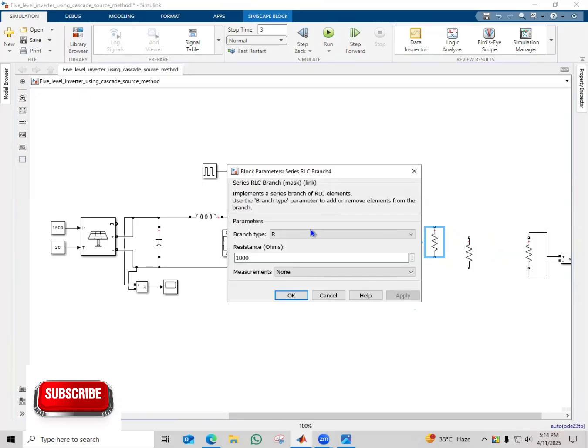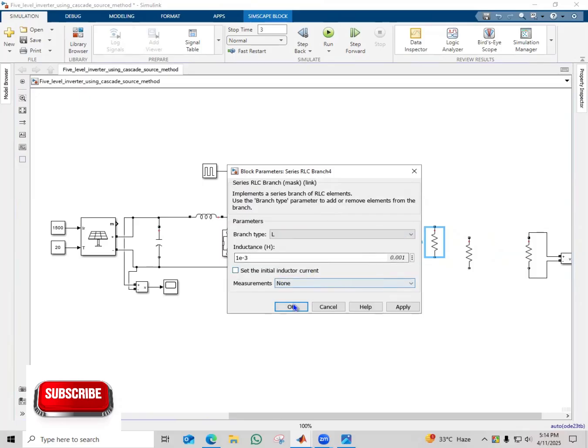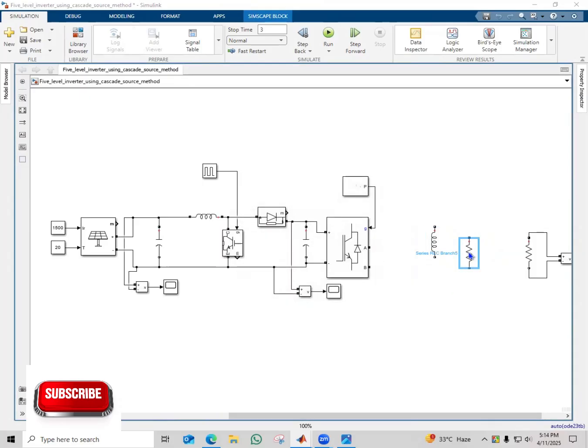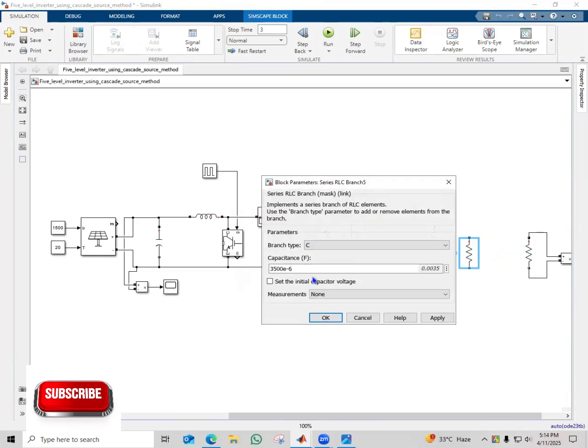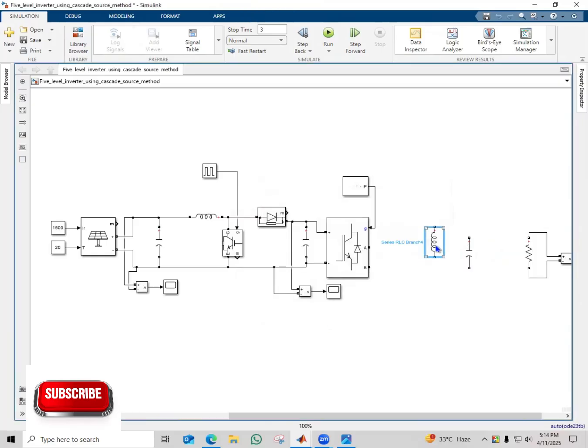Set one resistor mode to L mode and the other resistor mode to the capacitor mode. Now connect all of them.